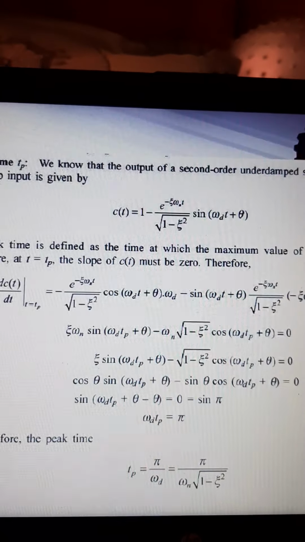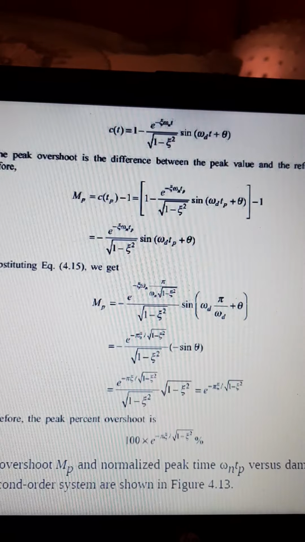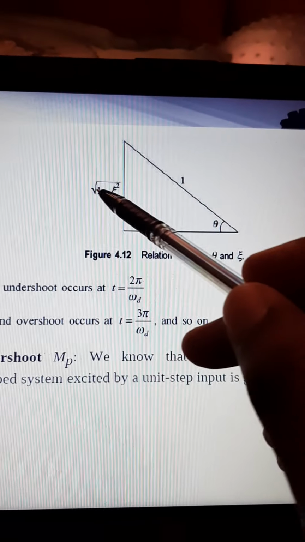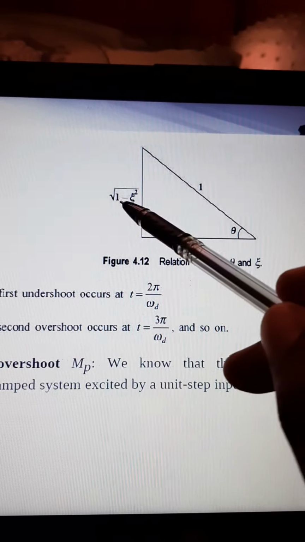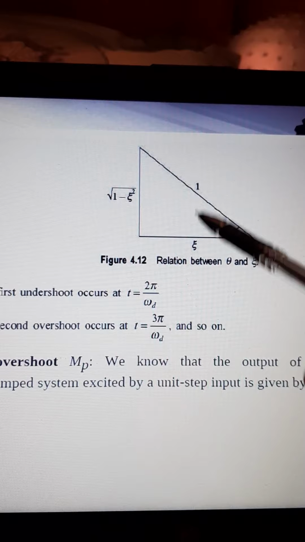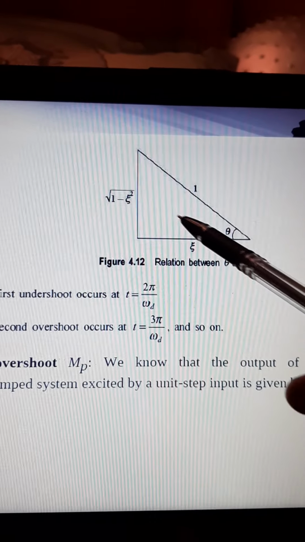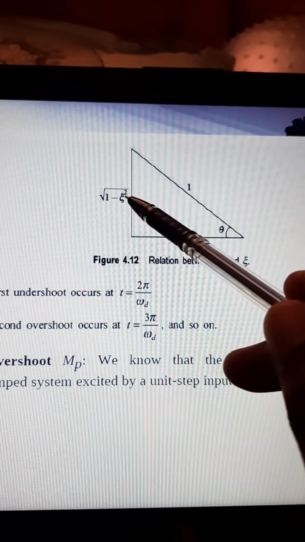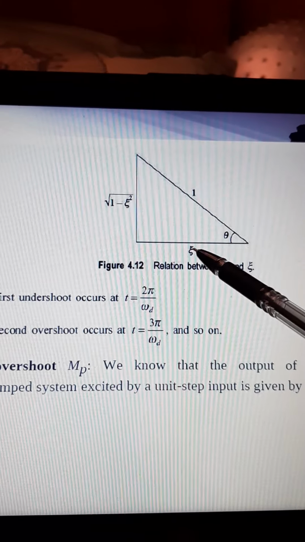Sin theta is nothing but opposite side divided by hypotenuse. So sin theta is square root of 1 minus eta square by 1, and cos theta is psi by 1.